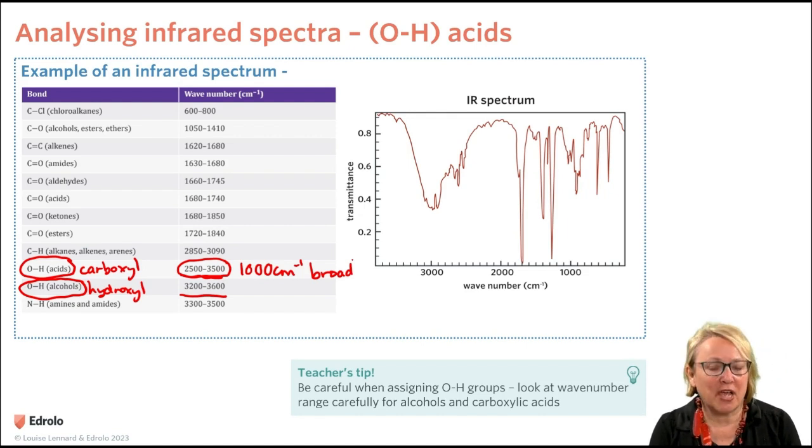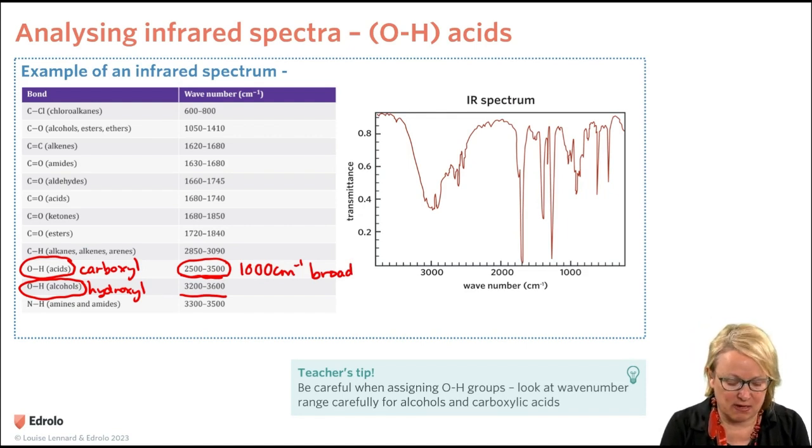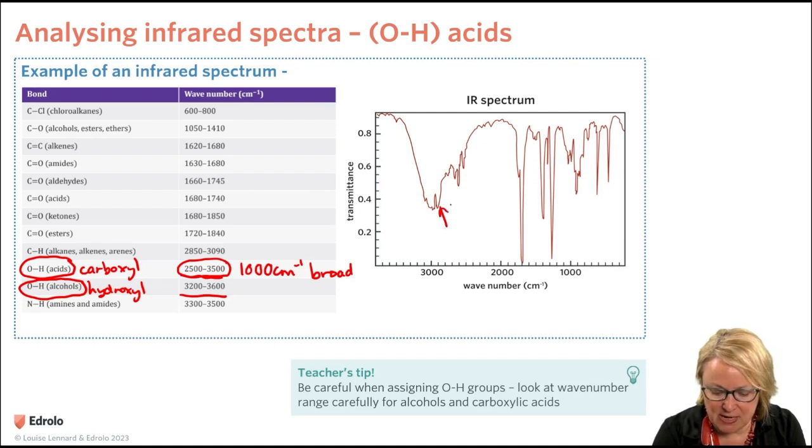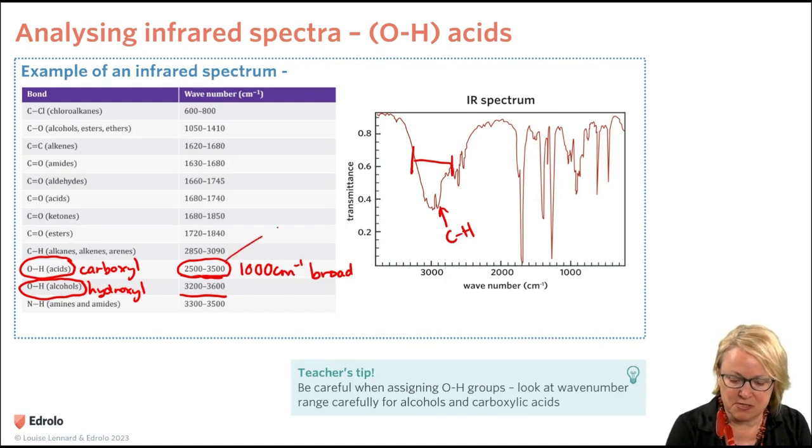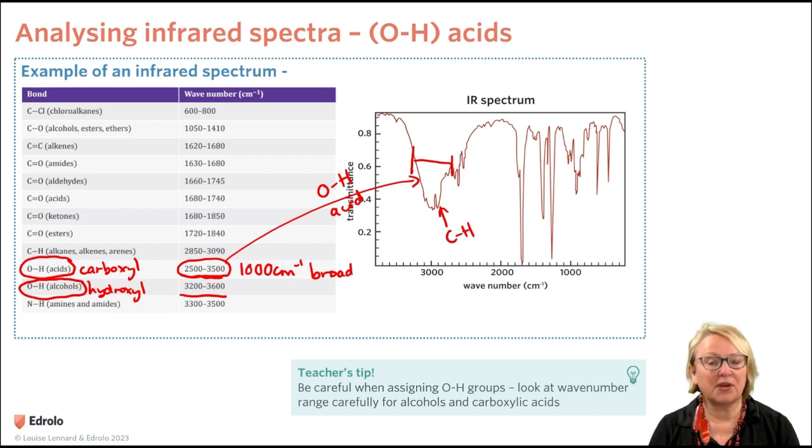Whereas the OH alcohols, which we'll look at in the next slide, are narrower. Now, we've already recognised that around 2,800 we've got a carbon to hydrogen stretch. But if we look at the whole width of this, it goes from about 2,500 to 3,500. So this is the OH acid stretch. It's a medium, it's not as deep, but it's very broad.